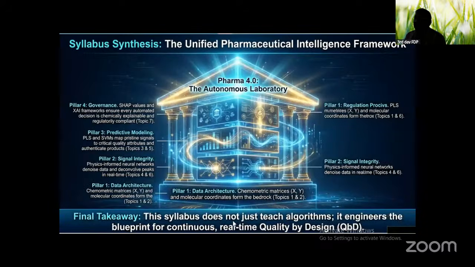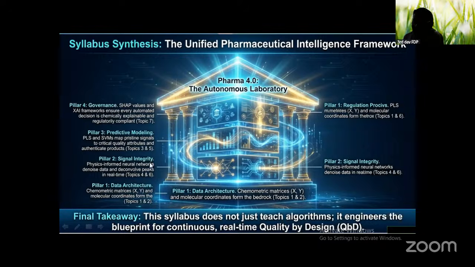So this is a future design, PharmaO, the autonomous pharmaceutical analysis laboratory. This is the new design proposed by artificial intelligence for the next coming laboratory systems. Four pillars are there: 1, 2, 3, 4. Pillar 1 is for data architecture, in the syllabus, topics 1 and 2 we have discussed.